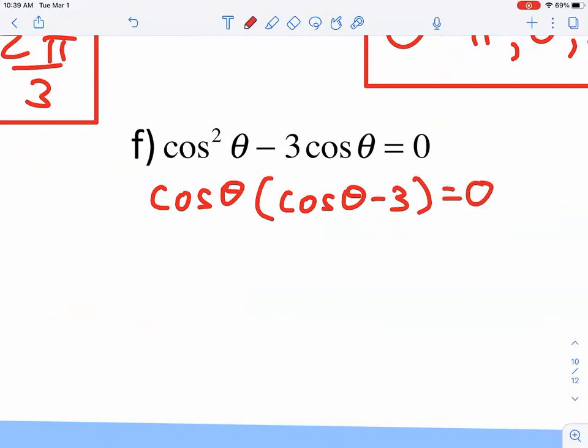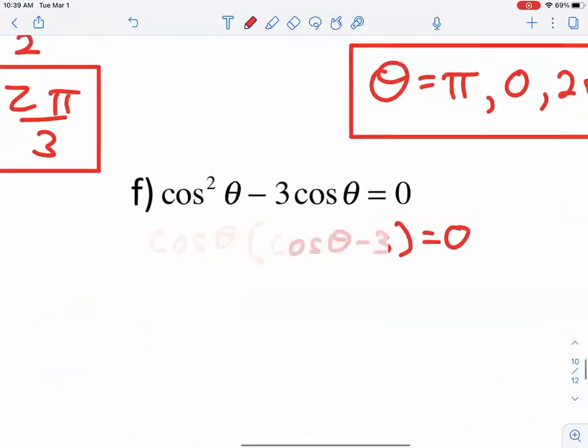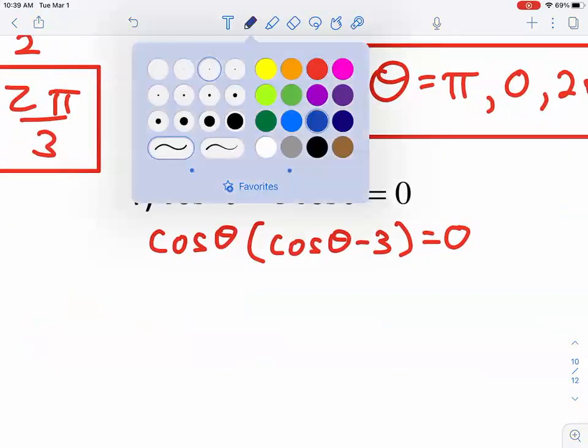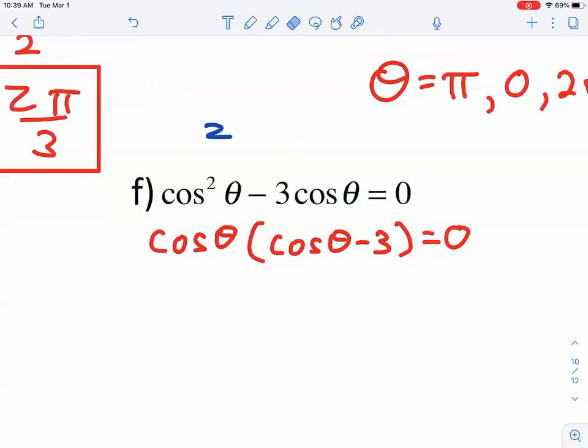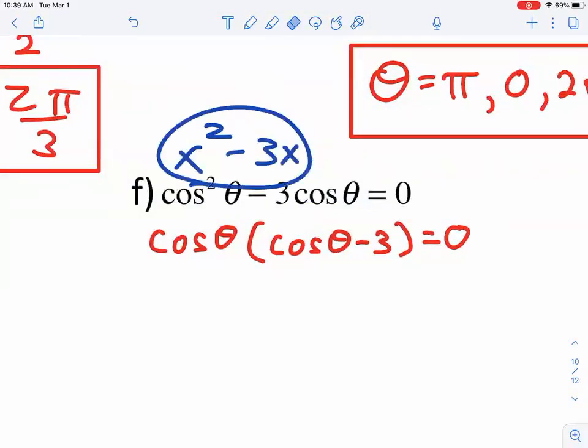Because I'm just factoring it. And it might be helpful for some of you to write it down, but think of that as, if you had x squared minus 3x equals 0, you would factor an x out of there. I did the same thing. I just factored a cosine theta out of that part.